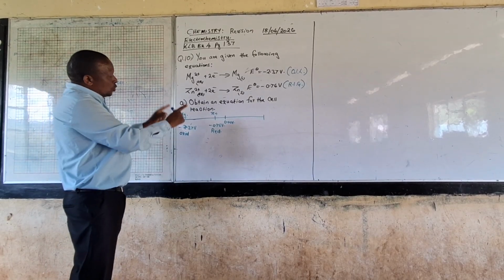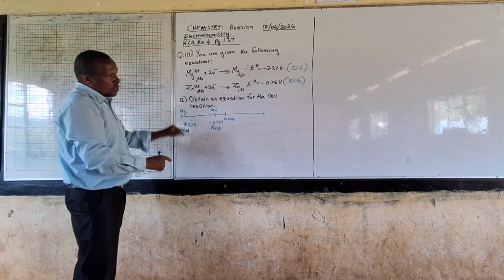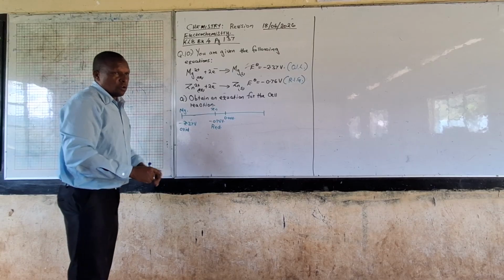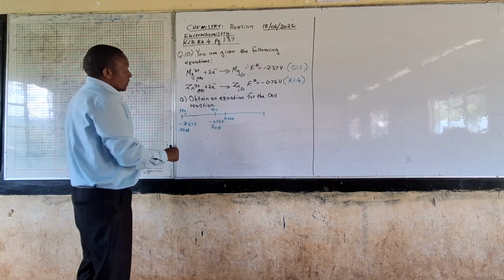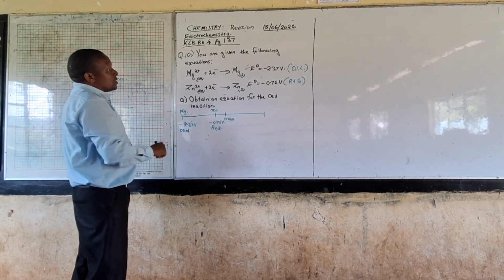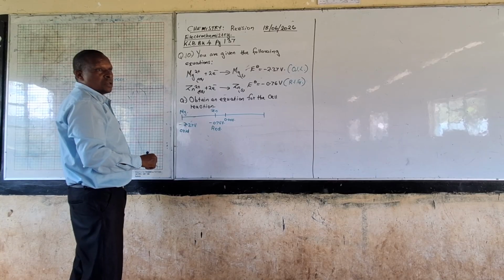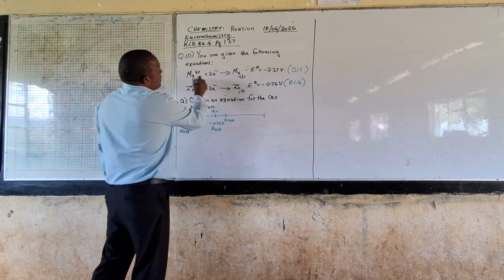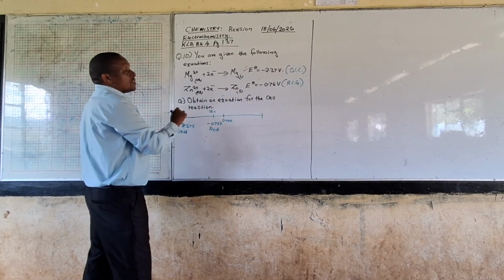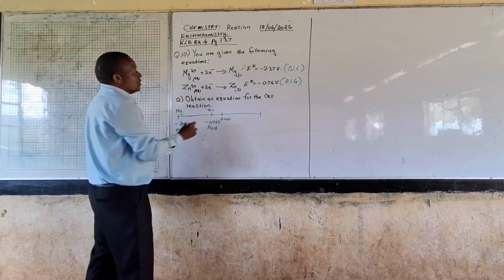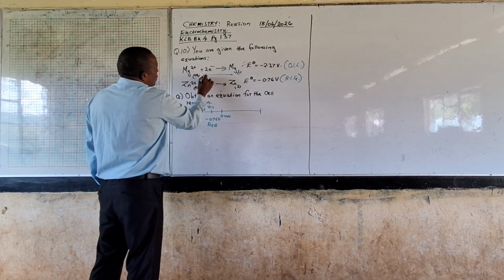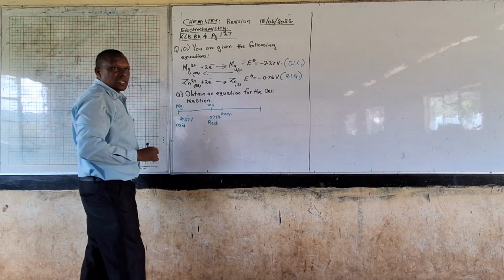So we write now the two equations showing loss of electrons and gain of electrons. Are we together? Yes. So we start with the one which is losing electrons. Which one is losing electrons? Magnesium. So the equation that we are having is for gaining of electrons, so you write the equation in the opposite direction, showing now loss of what?